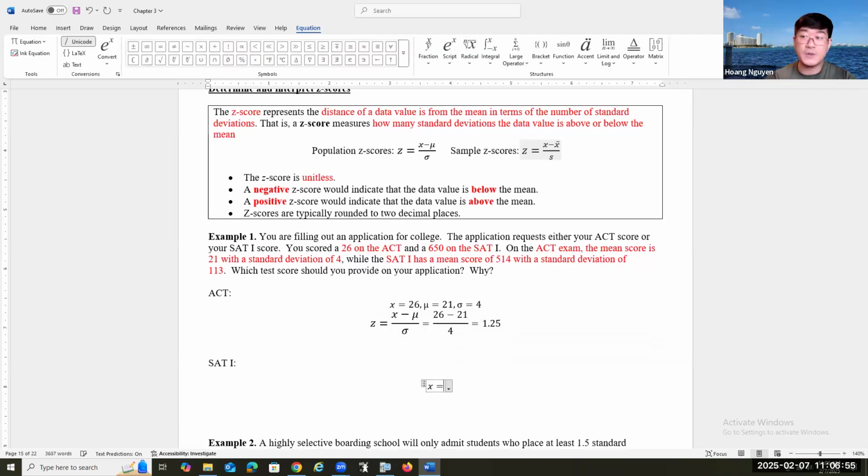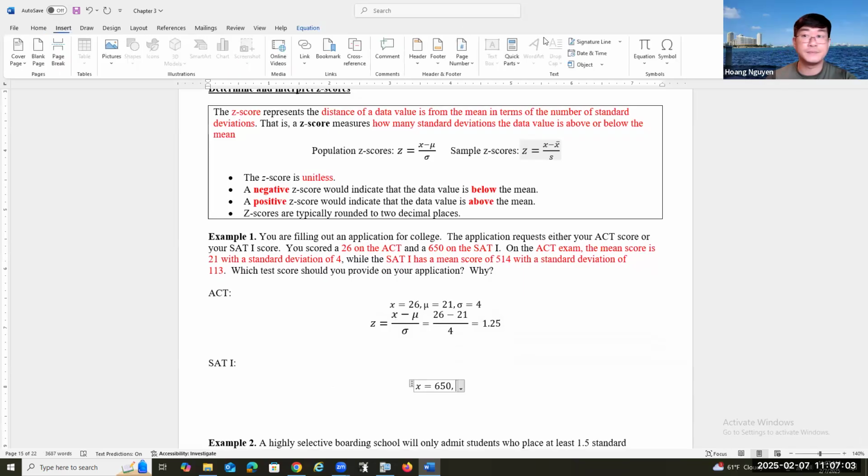The x value, or the score on the SAT, is 650. And we know the mean. The mean for this SAT is 514, and the standard deviation is 113.